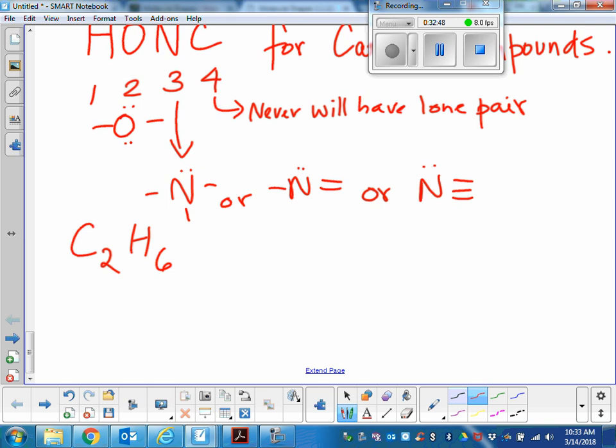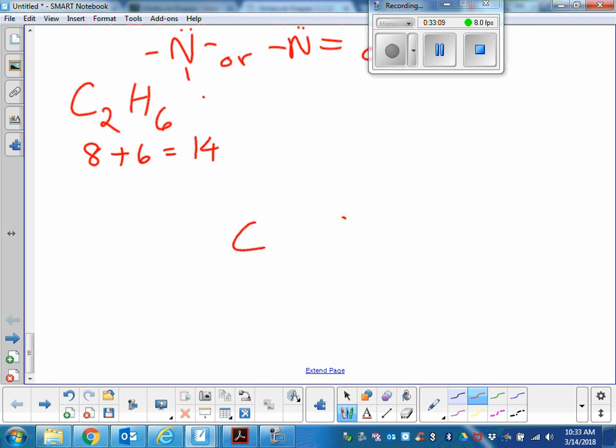Let's count the valence electrons. So carbon will give 8 plus 6, which is 14. So I have to account for 14 valence electrons. All right? Whenever you have carbon, it will always go in the middle, and the other carbon will actually bond to this carbon.